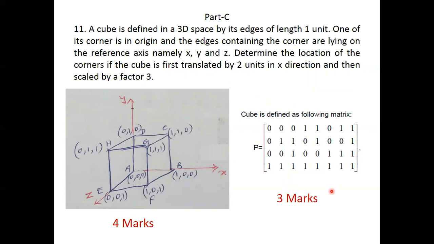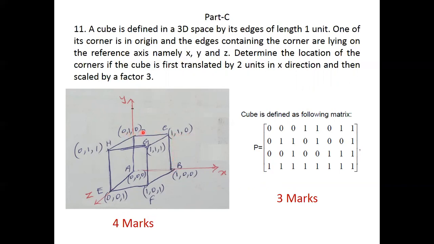Part C question. A cube of 1 unit in dimension has one corner at the origin, and the edges containing the corner lie on the reference axes x, y, z. Drawing this diagram carries 4 marks. Point A is 0 0 0. Moving 1 unit along the x-axis gives 1 0 0. Here Z remains the same and Y is increased, therefore 1 1 0.